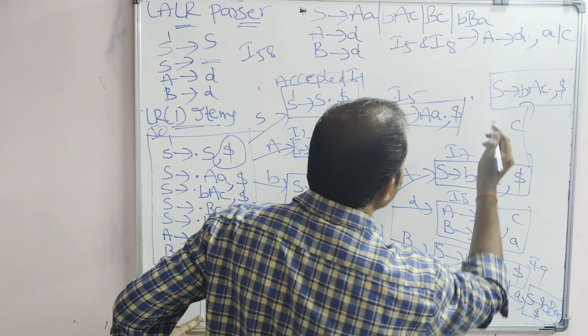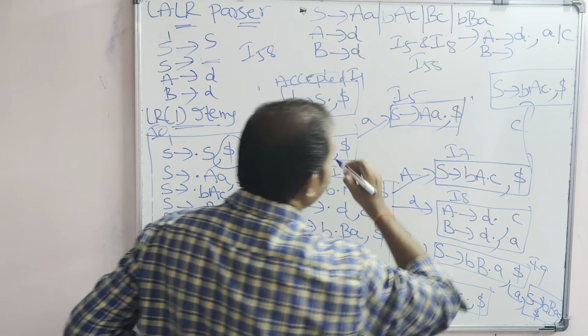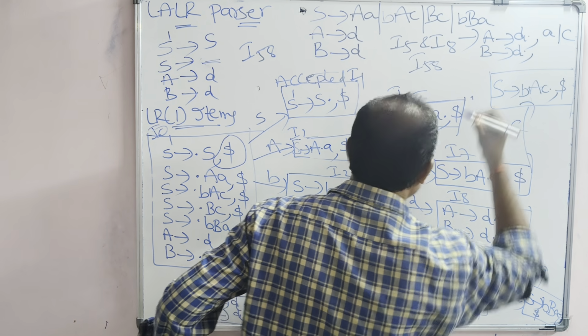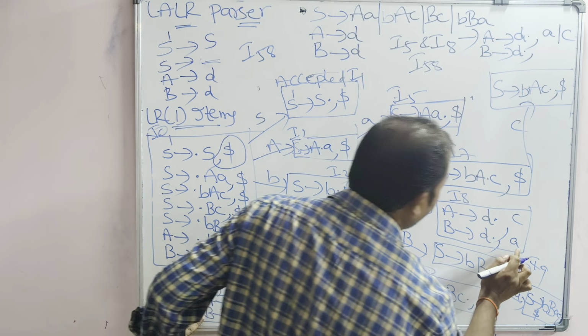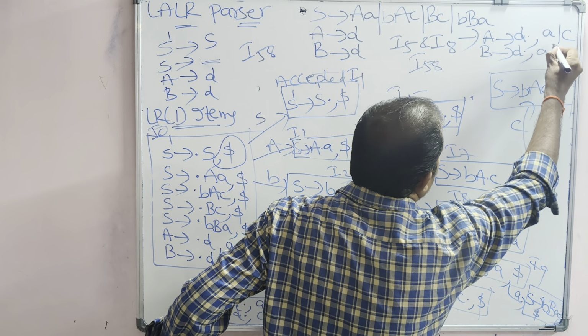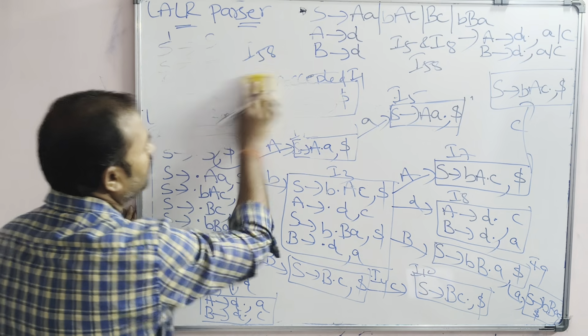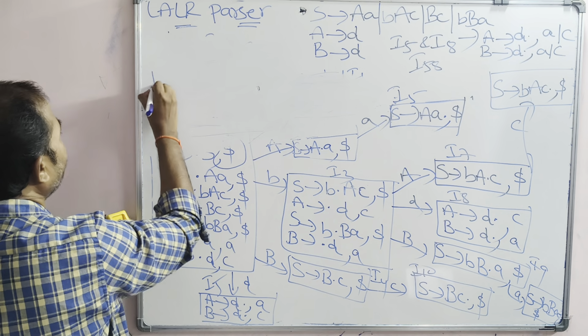Next, B produces D dot. What are the look ahead symbols here? Here we have C, here we have A. So we can combine the look ahead part. The state is I58.